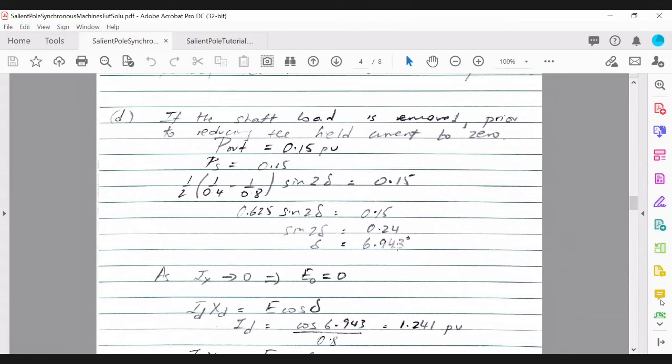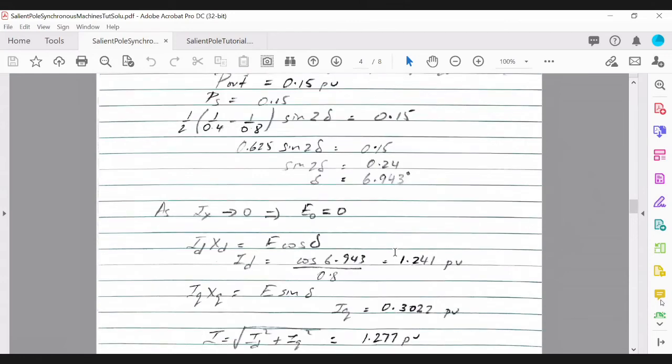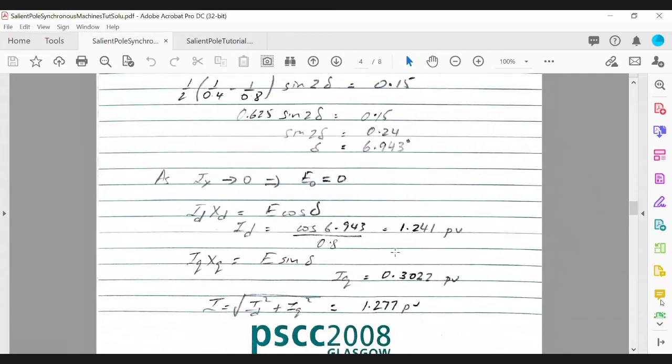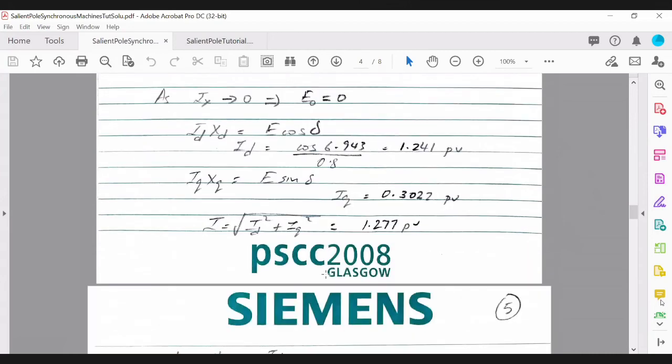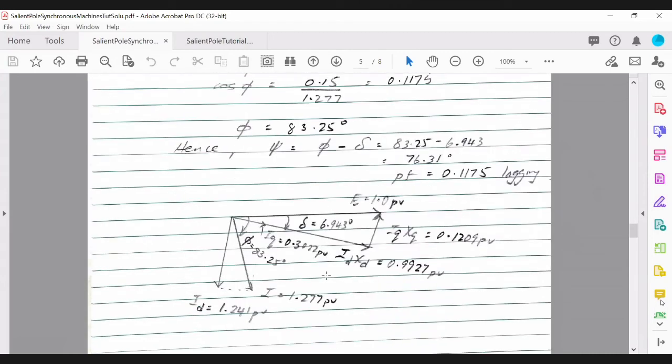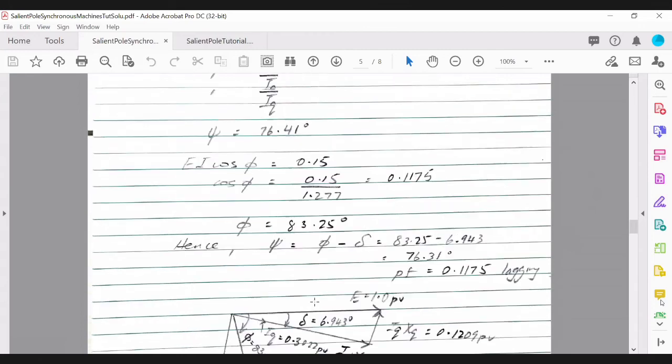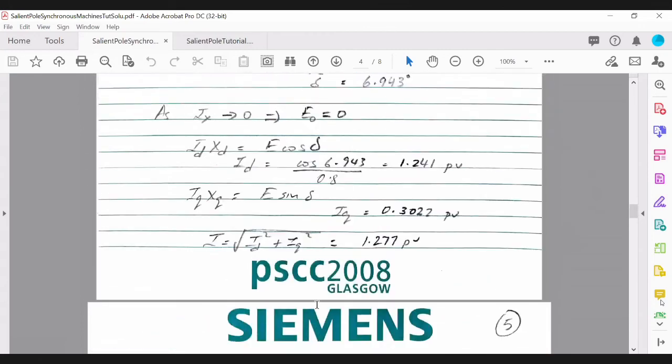Okay, and when you now drop the excitation current to zero, you can see on the phasor diagram here that we will basically only have IDXD, and this portion, which is E cos of delta, right?